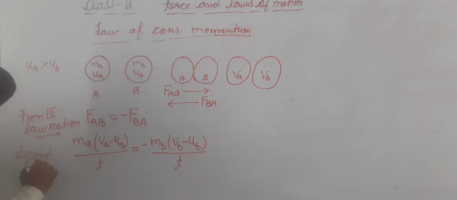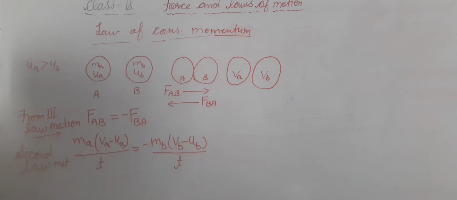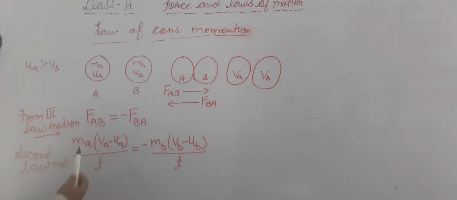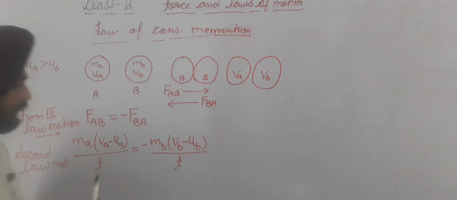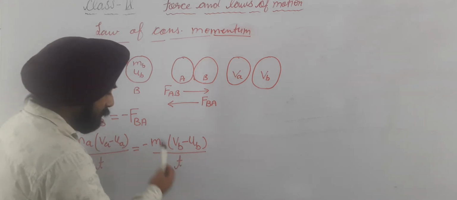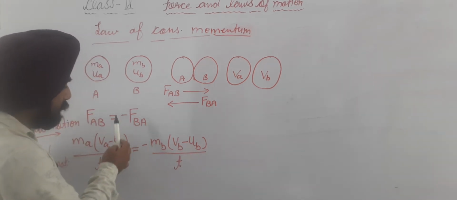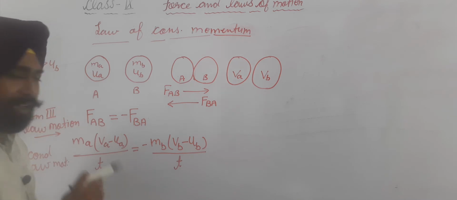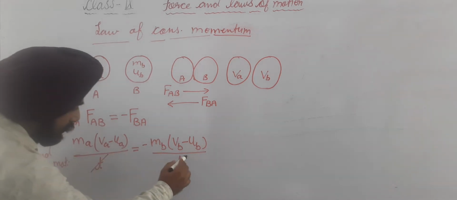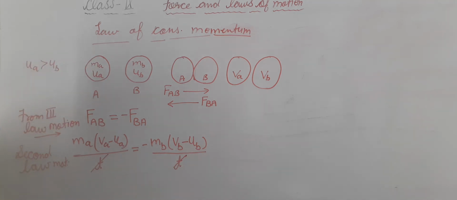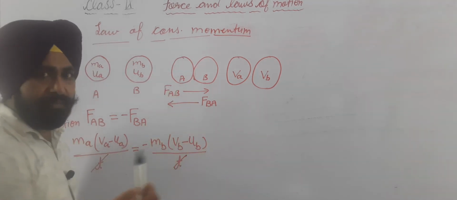MA into (VA minus UA) upon t equals MB into (VB minus UB) upon t, and this negative sign is from the above equation. In this condition, we can cancel time t with time t, because it is the same time, common in both.